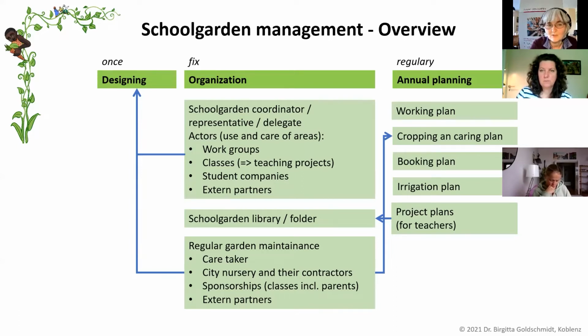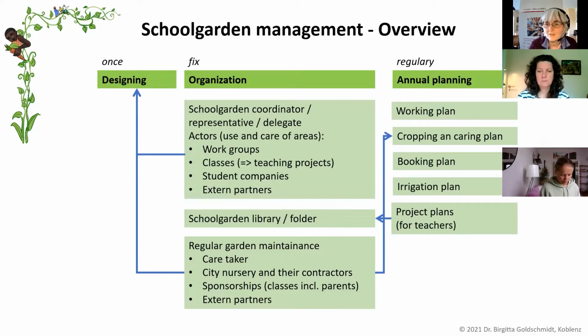Then you can think about a redesign, of course. But normally, at first, it is a thing you do once, and then you have in your organization fixed structures like a school garden coordinator at school, different actors like work groups or classes. And you, of course, must think about the regular garden maintenance, who does this.